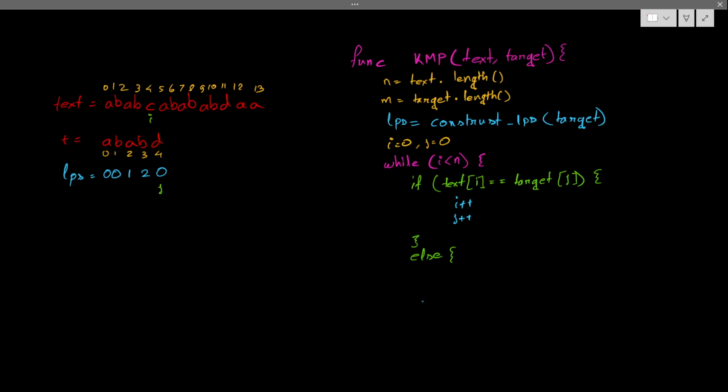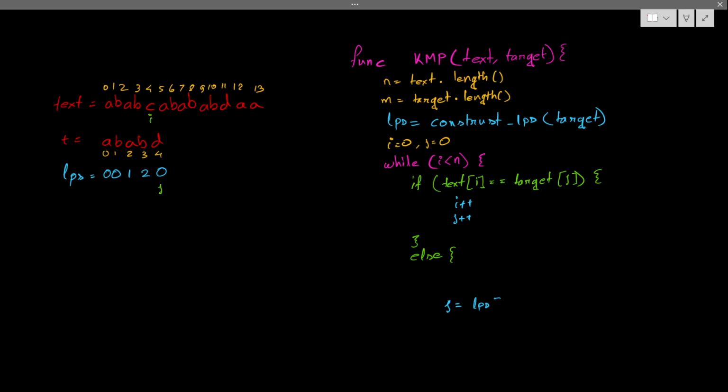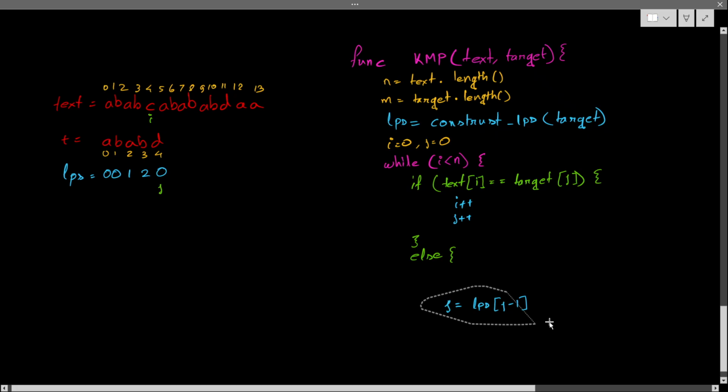I'll simply write j equals LPS of current j minus 1. So this will be my new j. Okay, that's why I will write this one. So let's see. j will come at this place.